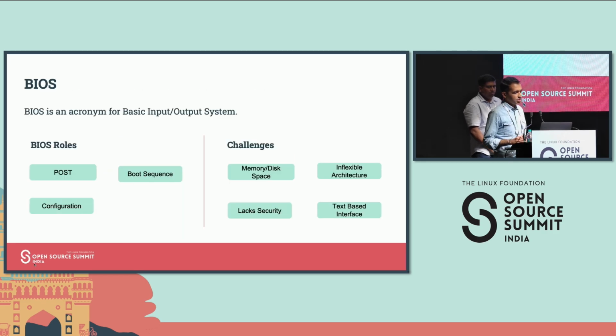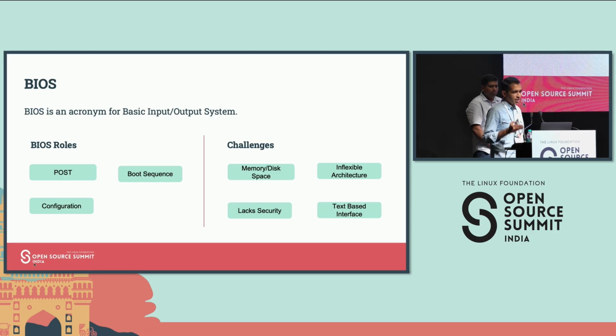Now let's look at the basics. BIOS stands for basic input-output system. The basic functionality of BIOS is to initialize and configure the platform hardware, and it also helps the operating system in many ways.